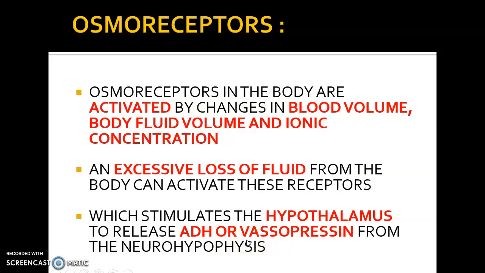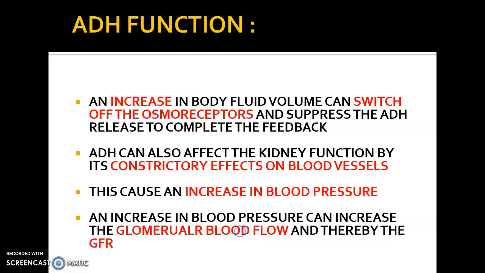So you know that, right? The hypothalamus has one of its parts, the neurohypophysis, and the neurohypophysis will produce ADH or vasopressin. So the activation of osmoreceptors will stimulate the hypothalamus to produce this hormone, that is ADH or vasopressin.